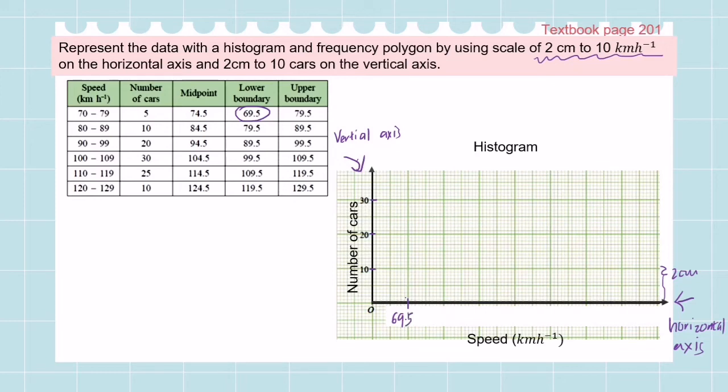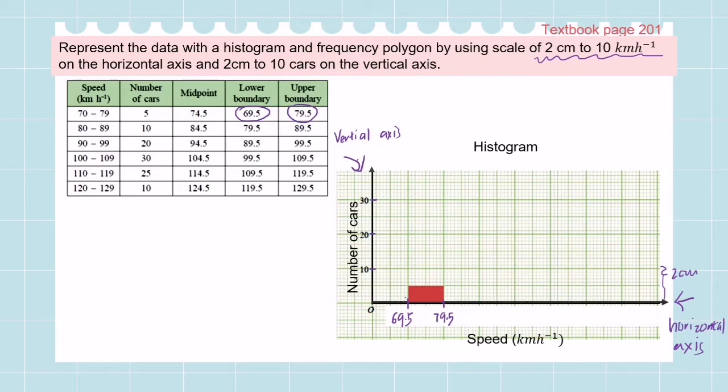Then the next is 79.5. So 69.5 to 79.5, the number of cars is 5. Yes, this is the first bar.